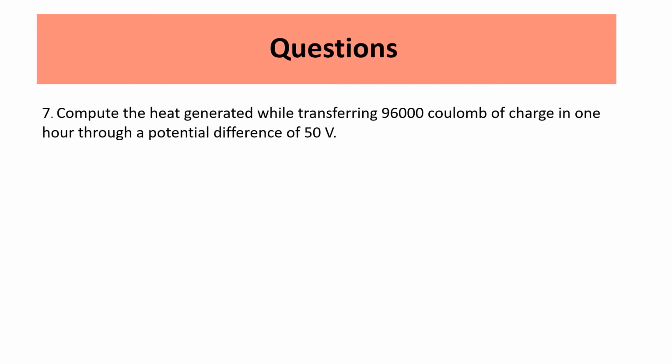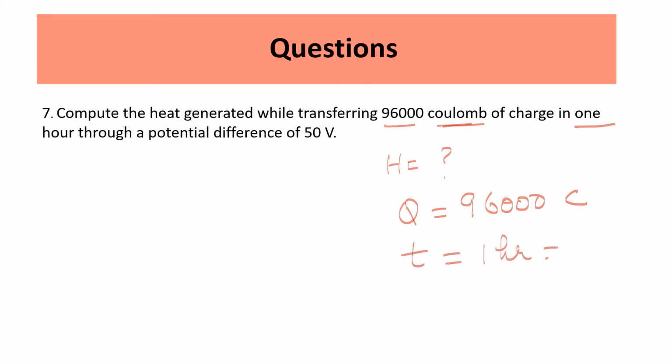Question number 7. Compute the heat generated while transferring 96,000 coulomb of charge in 1 hour through a potential difference of 50 volt. You have to compute the heat generated. That means H is asked in the question. 96,000 coulomb is the charge Q. Time is given as 1 hour. 1 hour is equal to 60 minutes. 1 minute is equal to 60 seconds.